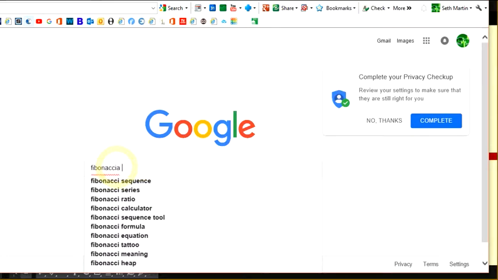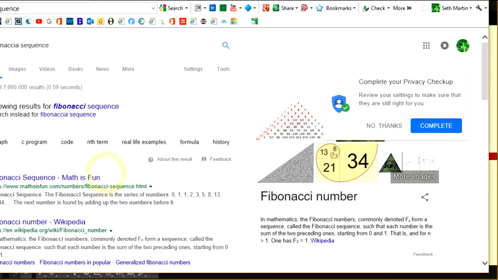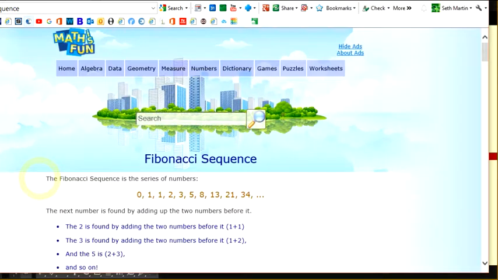Fibonacci sequence. You can look this up yourself. It's very interesting. This guy, Fibonacci, was a very interesting kind of guy. And here's what's called a Fibonacci spiral. There's a lot going on with Fibonacci.